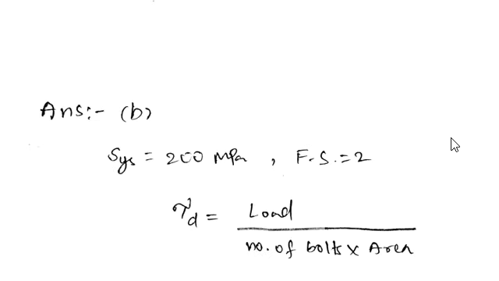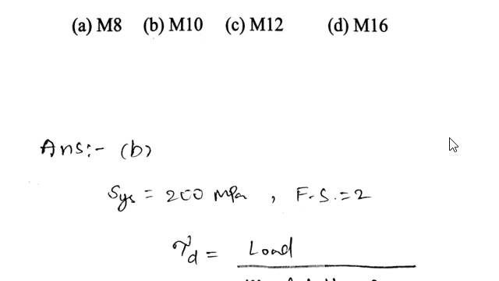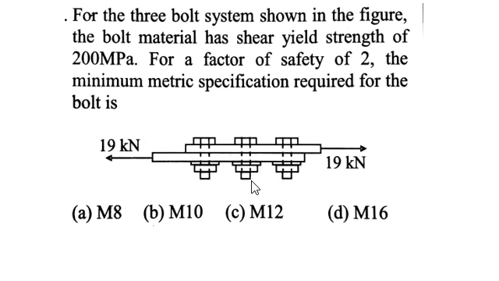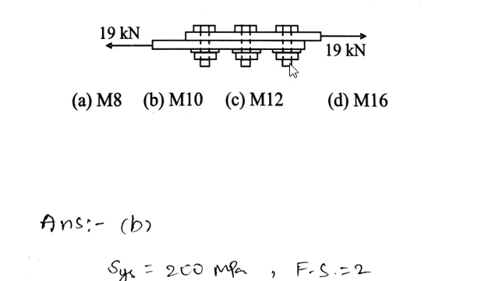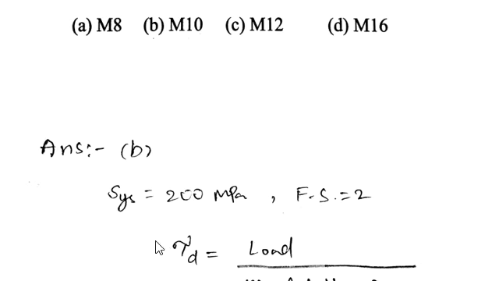So if you see here, we can write the allowable or yield strength is given for this bolt material. Let us take SYS or sigma ys or tau ys, anything. Suppose let us take, instead of SYS, tau ys, meaning allowable yield strength.